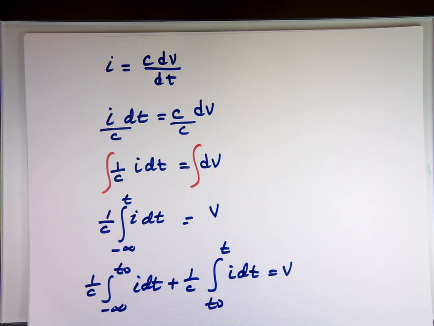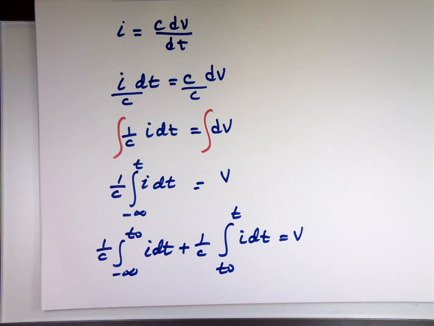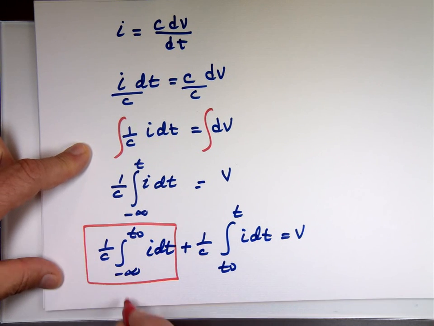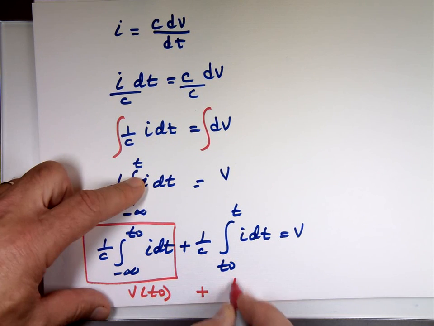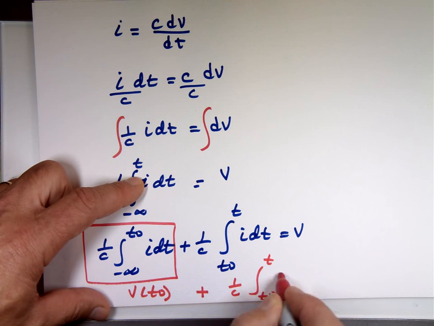Normally t0 for us is the time you go to the lab and connect the circuit, so that could be 0. Well, this value here that you're looking at is the voltage at t0, plus 1 over C, the integral from t0 to t, I dt.